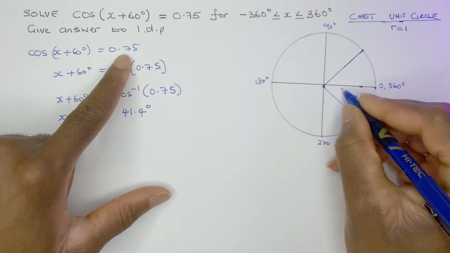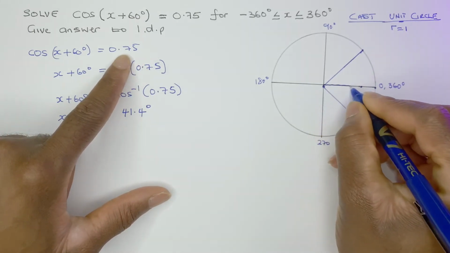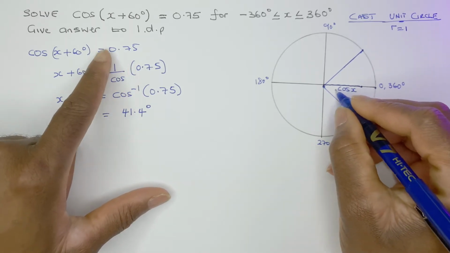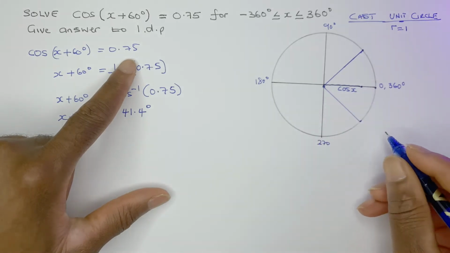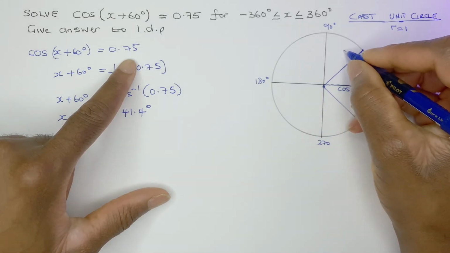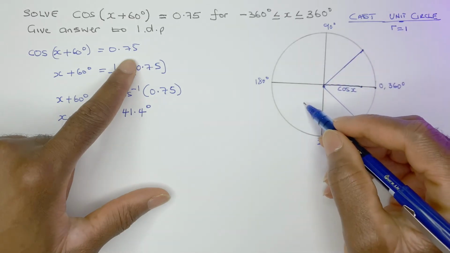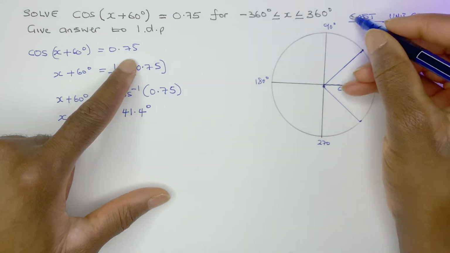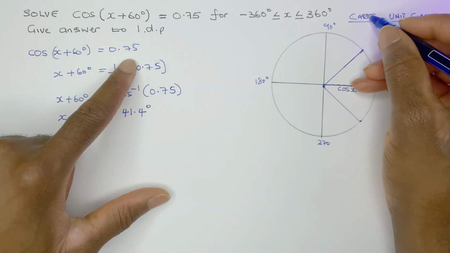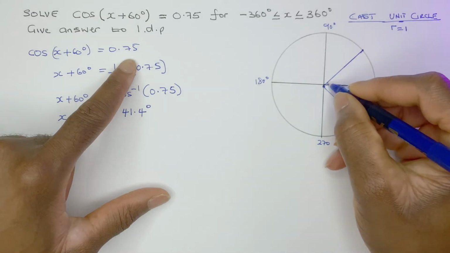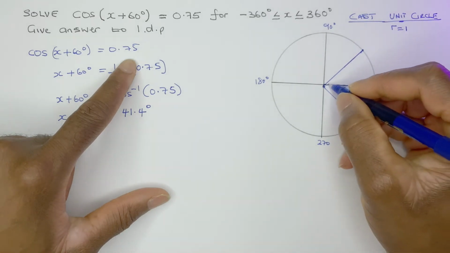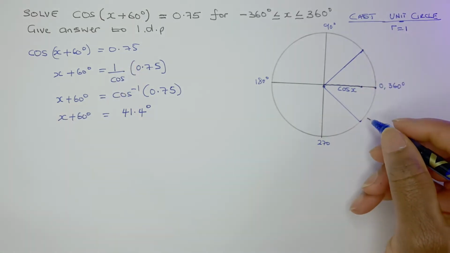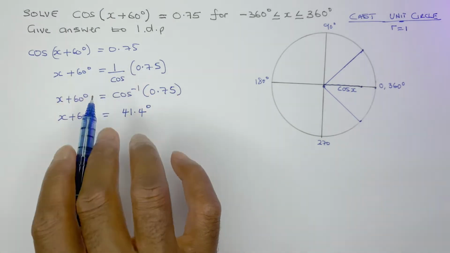The reason I chose this side is because the x-axis is the cos, and we want a positive x-axis, not a negative one. According to CAST, cos is positive here: C for cos, A for all, S for sine, T for tangent. Because I'm using a unit circle, this is cosine here, and the y values are the sine. We're not interested in sine, we're interested in cosine.